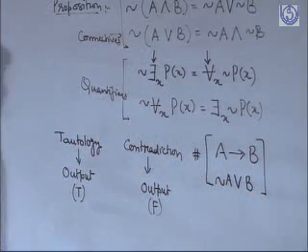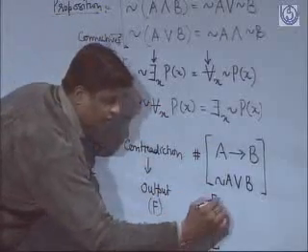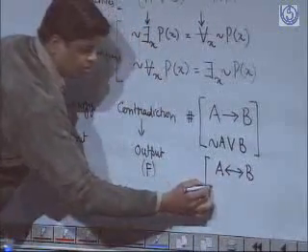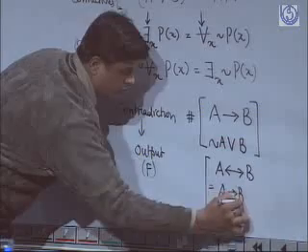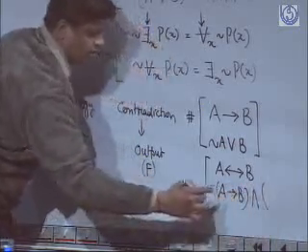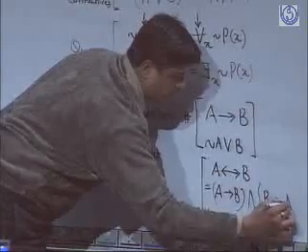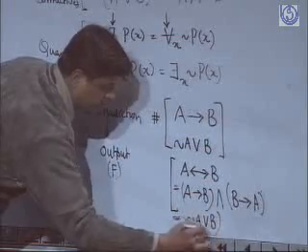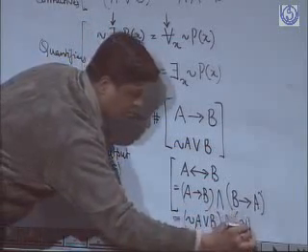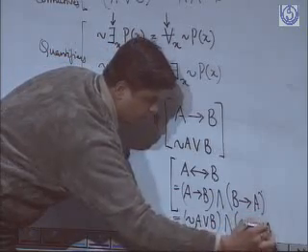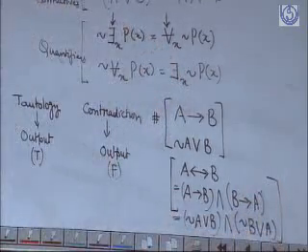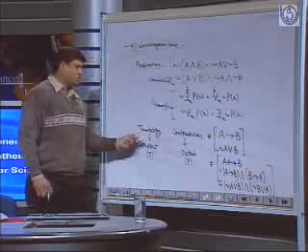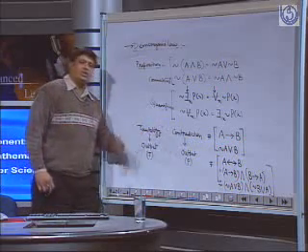A implies B is not A or B. The second thing to be taken care of is A double implies B. This means A implies B and that is a conjunction, B implies A. That means the thing can be resolved into not A or B, and not B or A. So these two are important parts and generally used to prove the statements through tautology and contradiction.